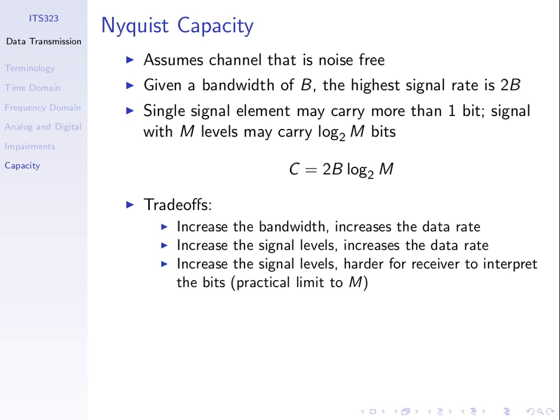That is log in base 2 of the number of levels m. So m is the number of levels for our signal. Log in base 2 of m is the number of bits per level. Therefore, the data rate is the signal rate times the number of bits per level. And that's what the Nyquist capacity equation tells us.